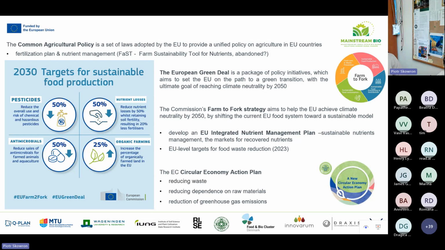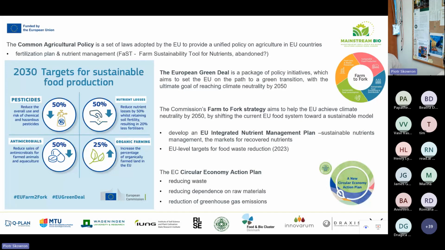The European Commission tried to promote a common tool for nutrient management. I know that this project is abandoned now. It's the Farm Sustainability Tool for Nutrients.